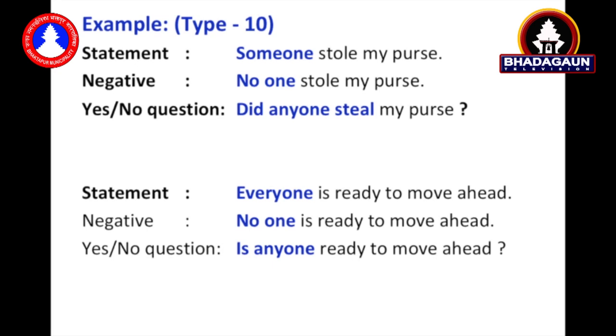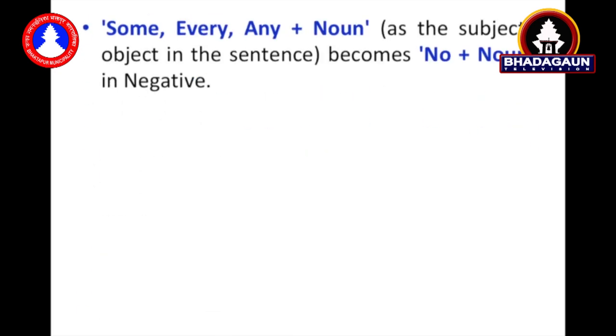So we can come to a conclusion about the use of someone or somebody or everyone or everybody or anyone, anybody, and some, every, any plus noun as the subject or the object in the sentence. When this some, every, any plus noun phrase is used as the subject or object in the sentence, this some, every, or any can be changed into no plus noun in a negative sentence.